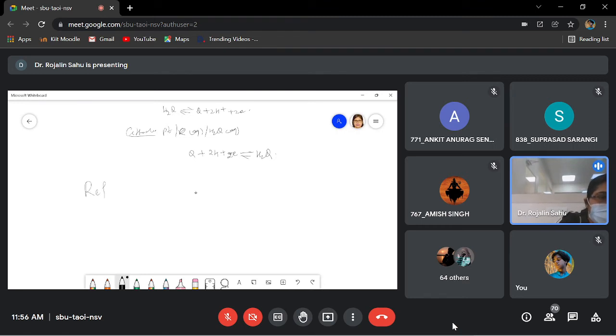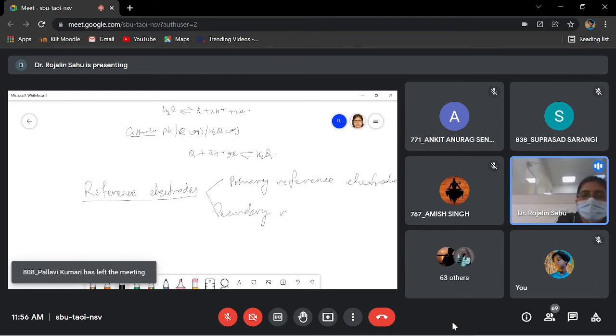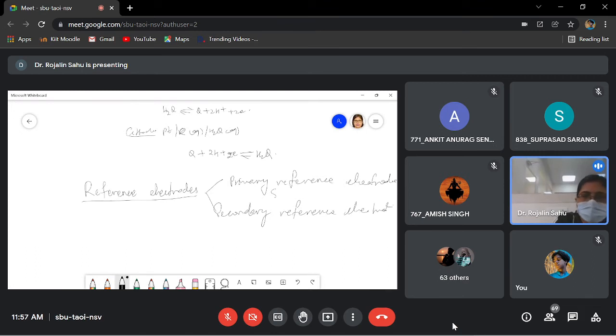Then reference electrode. There are two types of reference electrode: primary reference electrode and secondary reference electrode. In primary reference electrode, standard hydrogen electrode.